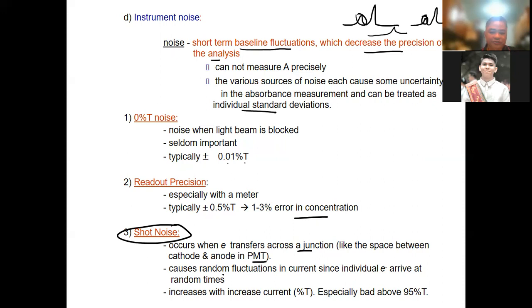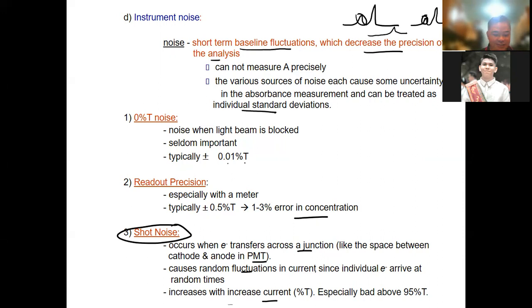And the shot noise causes random fluctuations in current as individual electrons arrive at random times. Okay? And shot noise increases with increased current, especially bad if you have above 95% transmission.